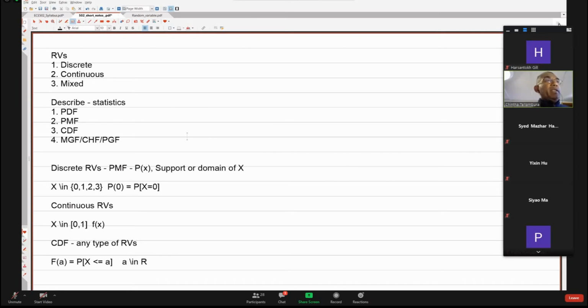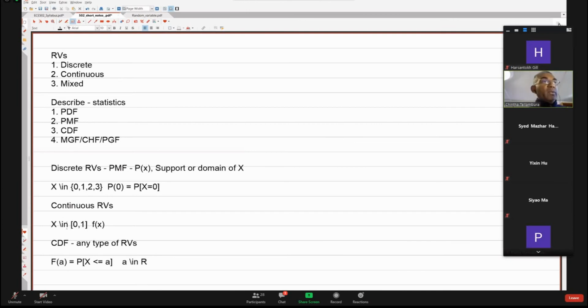So, as I mentioned, you have a PDF and PMF and CDF, and you should know already these things. MGF, CHF, and probably PGF. This will be the beginning of our discussion from next Friday, right?